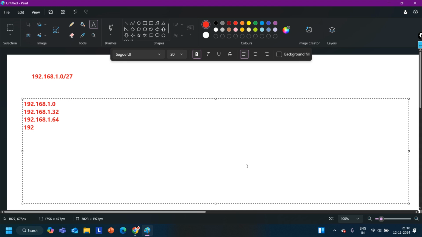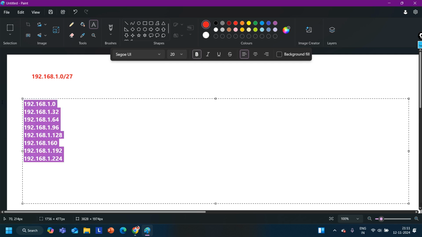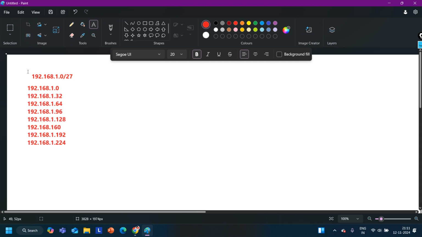Then 64, then 96, then 128, then 160, then 192, then 224. Okay, now you can find the broadcast ID and the valid IP addresses, those things.